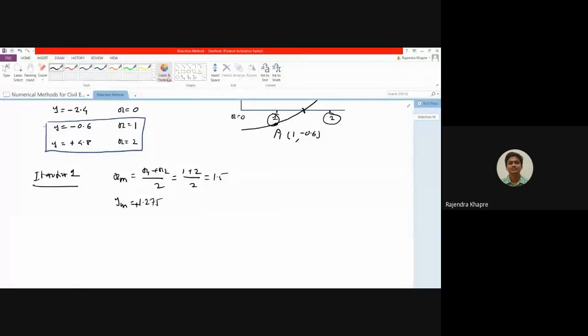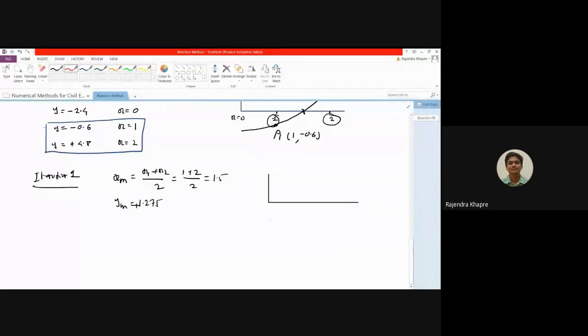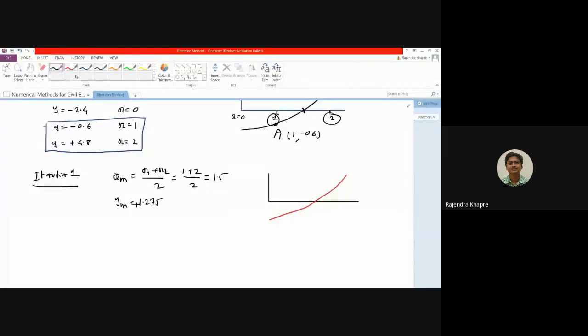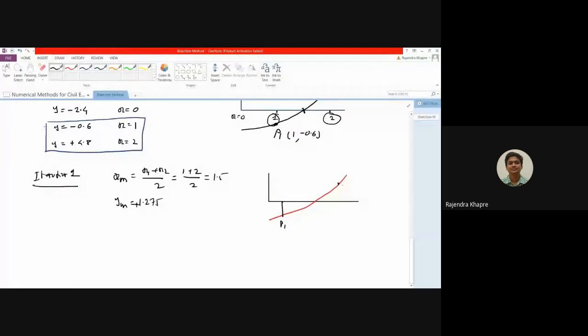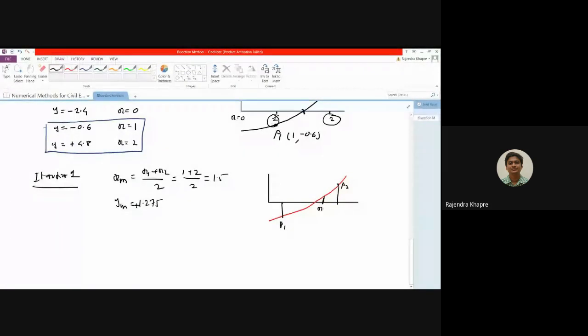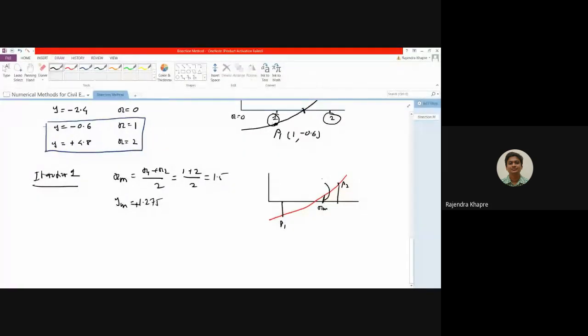What exactly is happening over here is you have a line which is like this, and then you have a curve which is going like this. This was your first point p1, this was your second point p2, and your xm is coming somewhere over here, so that its corresponding ym is now positive.